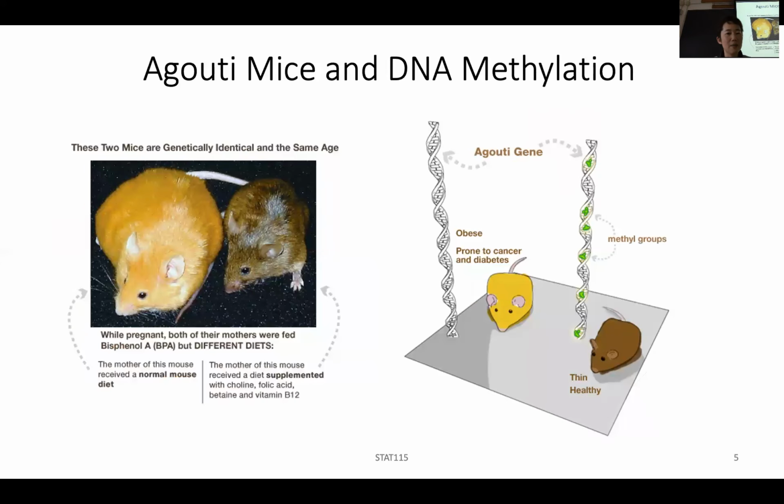There's another example, the agouti mice. The mother mice are genetically identical, but during pregnancy, depending on what type of diet you give to the pregnant mother, the babies would be quite different. For example, both mothers were fed the same thing, except for just one difference in the diet.